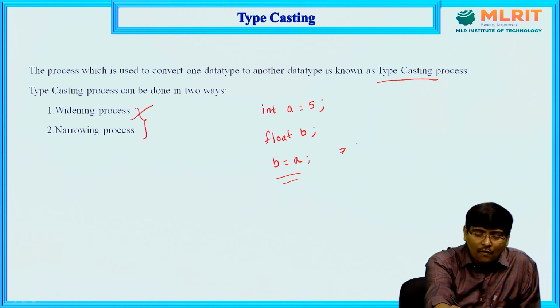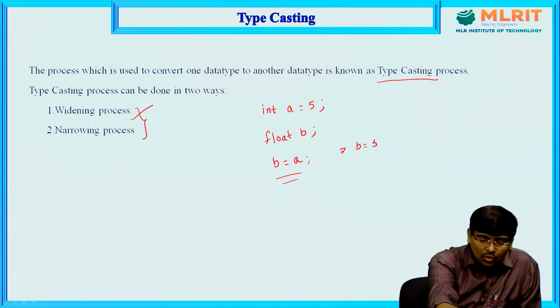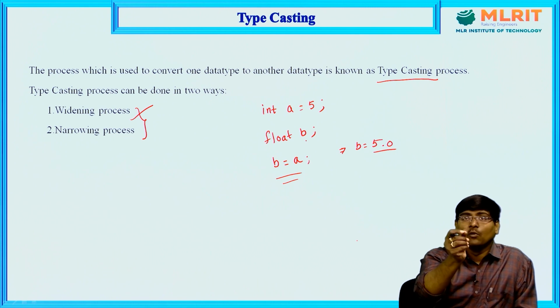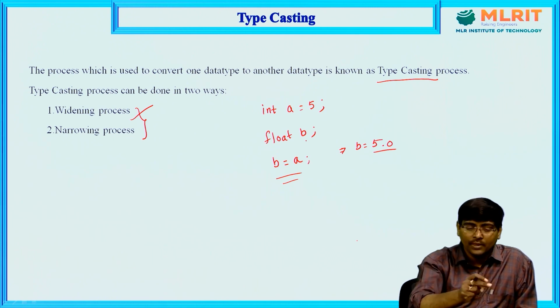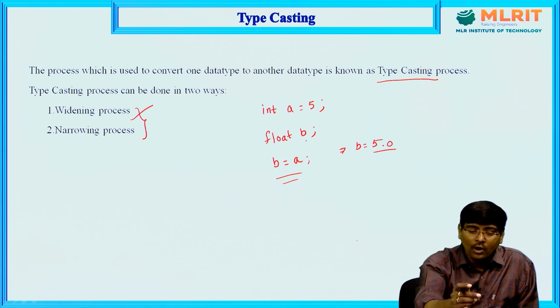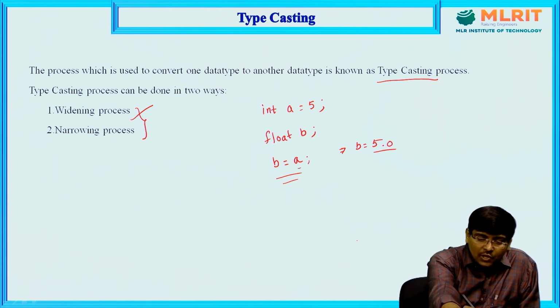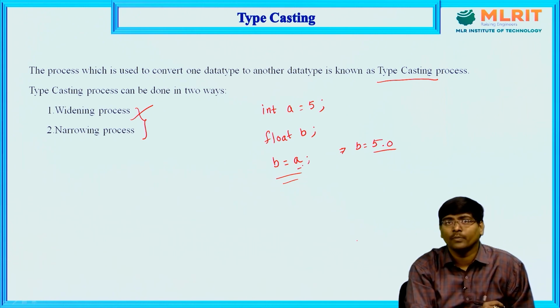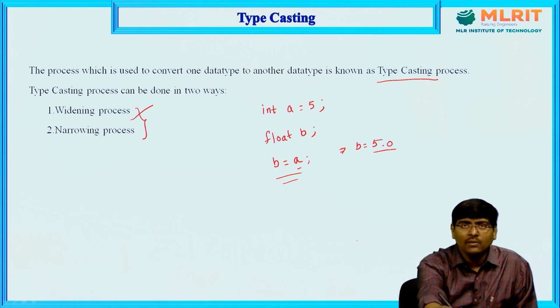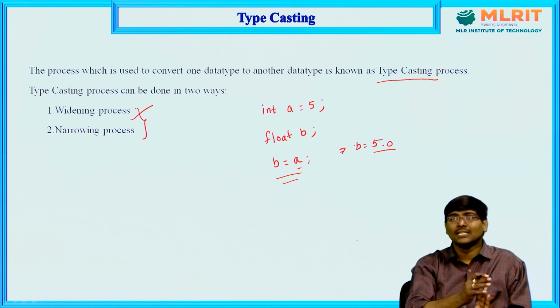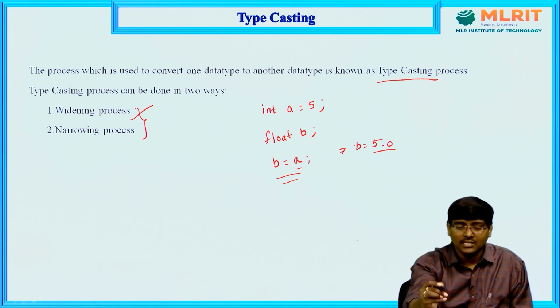Obviously, the value of b is 5.0. Why? b is a floating point number. The floating point number is assigned with an integer value. So, obviously, by adding .0, b becomes a floating value. Okay, this is fine.